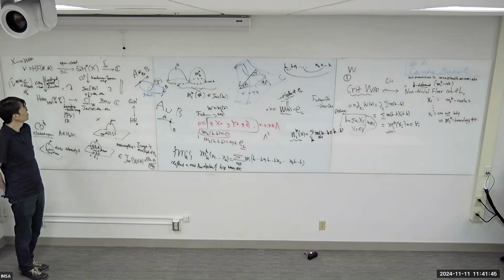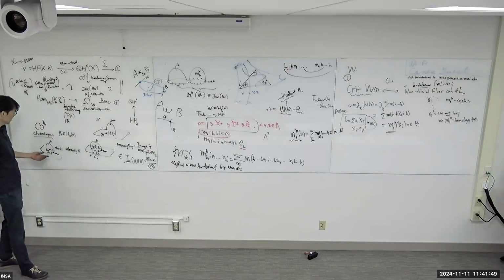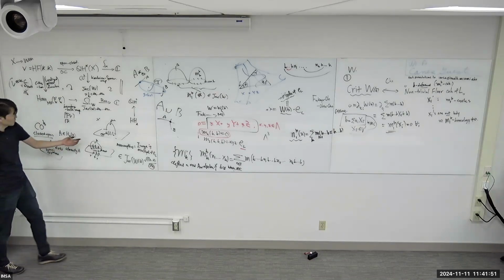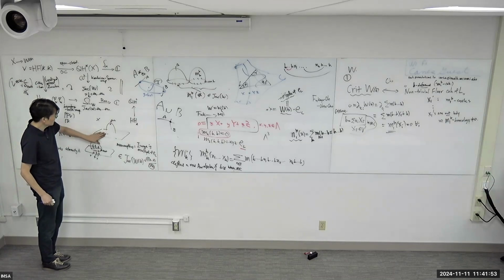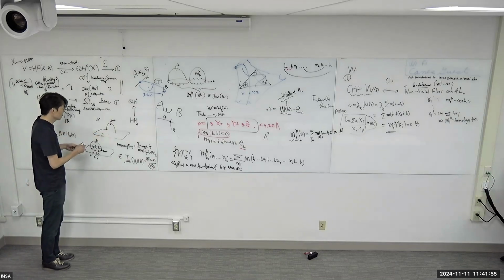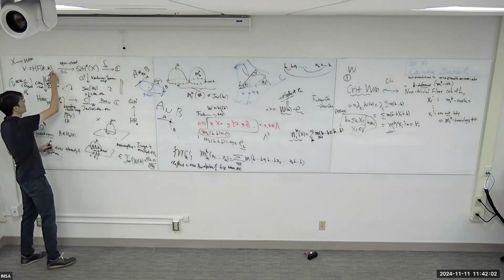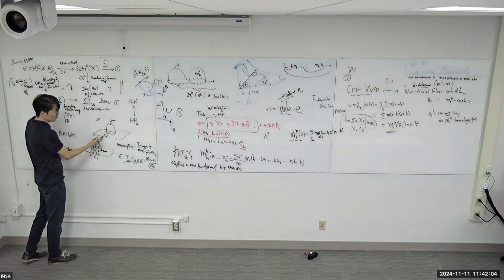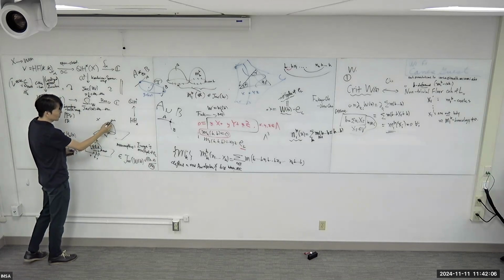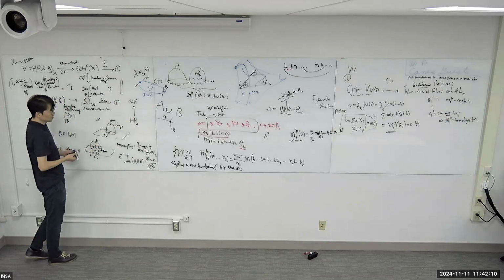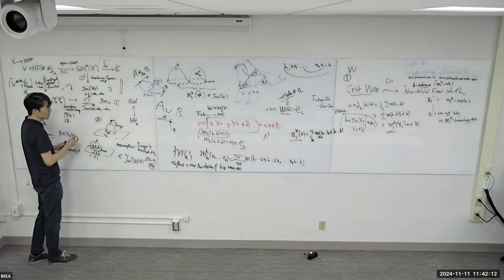OC, for example. I'm still not clear how you define that. OC, well, you still look at these disks, the moduli space of disks, and if you have a class alpha, then you insert alpha, and then look at the image of this disk in the ambient space.